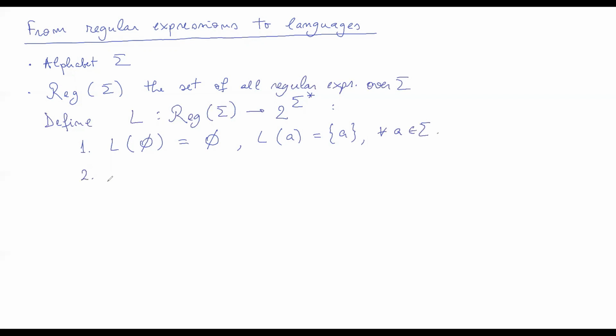And the second point is the language associated to regular expressions of the form alpha plus beta is going to be the language of alpha taken in union with the language of beta. And the language of alpha beta is going to be the language of alpha concatenated with the language of beta.